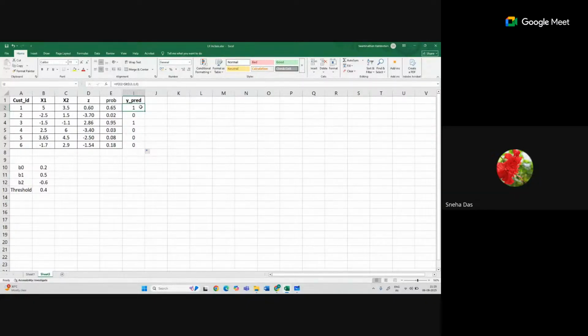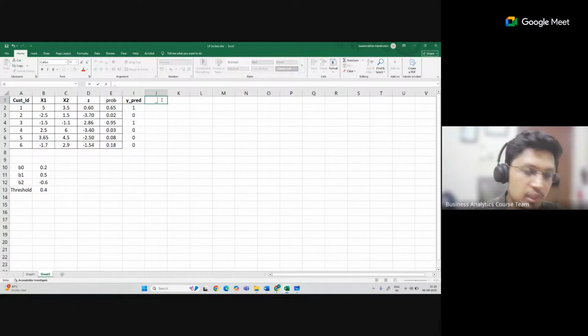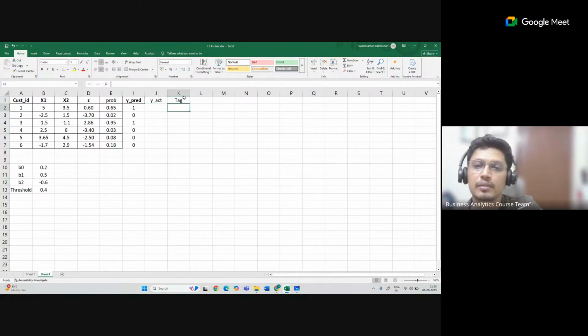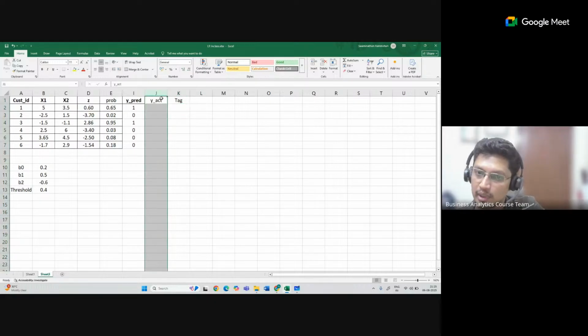Okay. So now, if somebody gives you y underscore actual, will you be able to tag it as true positive, true negative, false positive, false negative? This will be given to you as actuals, and you are computing the predictions.